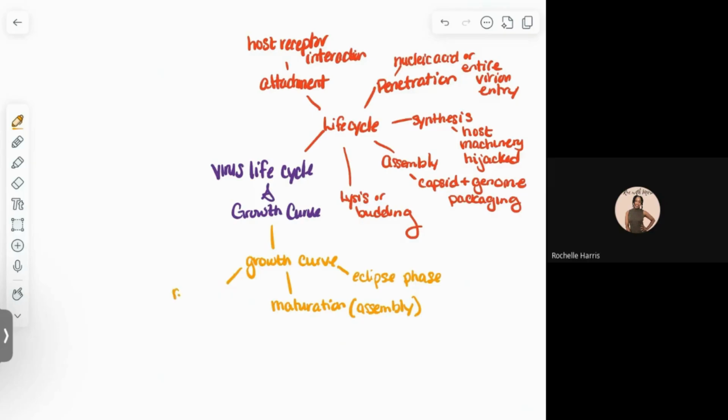The release phase explains the dramatic rise seen in viral count during the growth curve experiments. In bacteriophages, host cell lysis liberates hundreds of virions at once, defining the burst size, a key parameter in viral kinetics.